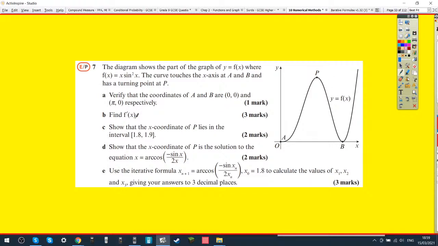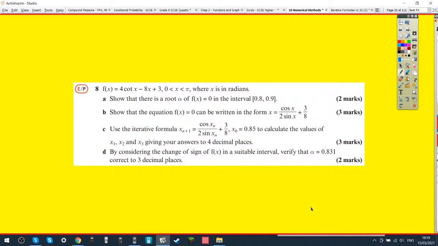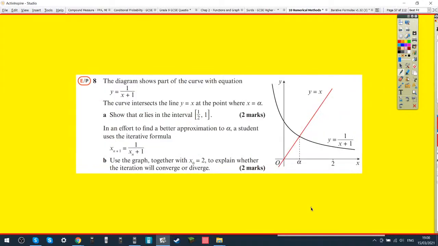Yeah, find f dash. Show that there's that. Use the iterative formula. See, look at that crazy stuff. Arc cos. Yeah, to get the first 3. So you give some approximations, and then you can just keep pressing equals a million times and get it very close.